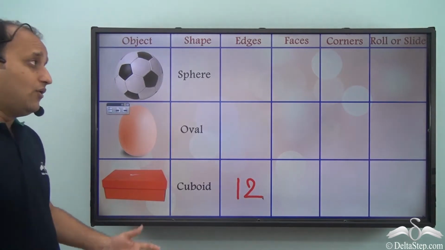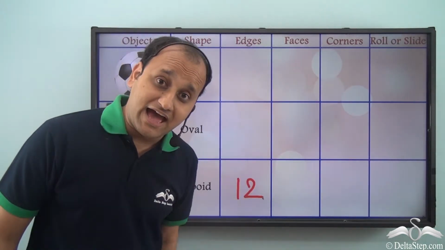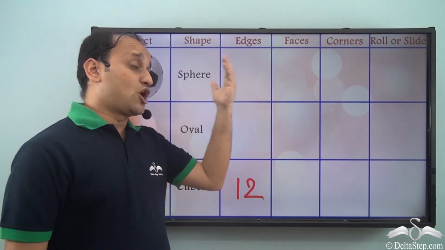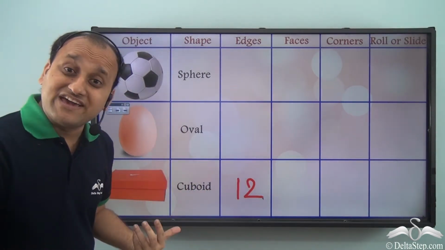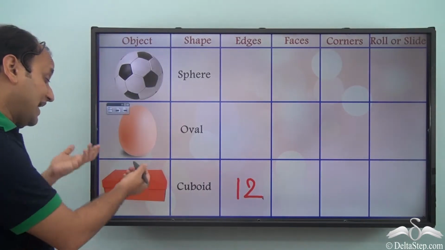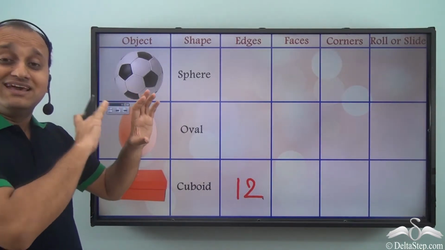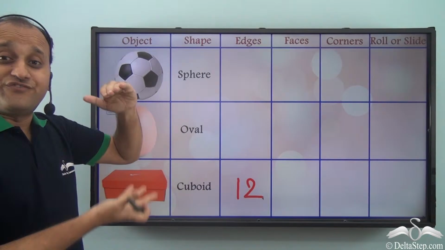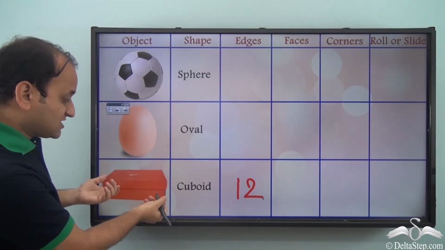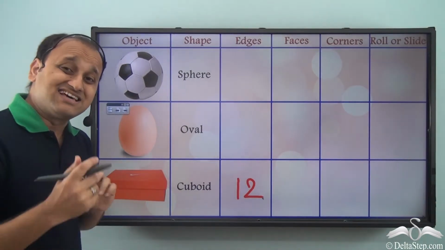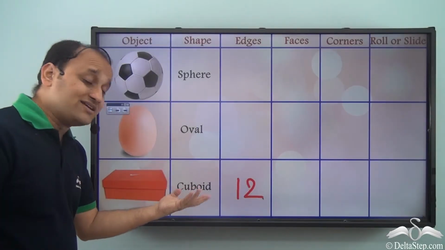12. Now how many faces do we have? Well, if we talk about faces, we have a total of 6 faces in the case of a cuboid. And even this box, if you see, has 6 faces in total. You can have a look at such a box and you will see that it has 6 faces because it's cuboidal in shape.